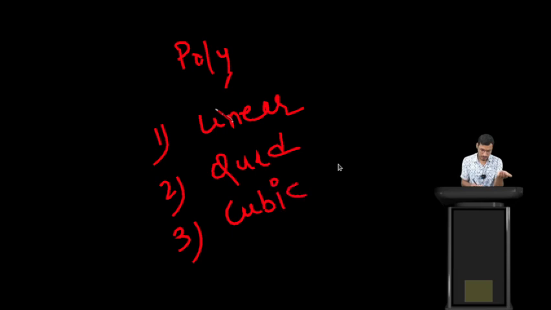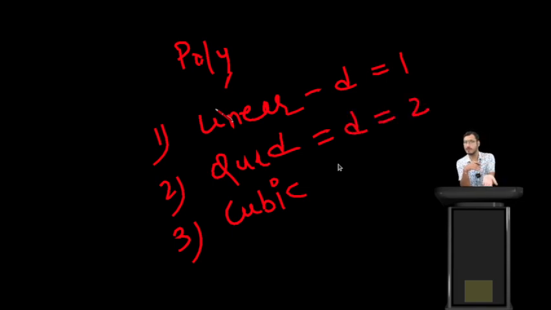A linear polynomial means degree 1, a quadratic polynomial means degree 2, and degree means the highest power of the variable. For cubic, the highest power of the polynomial is 3.